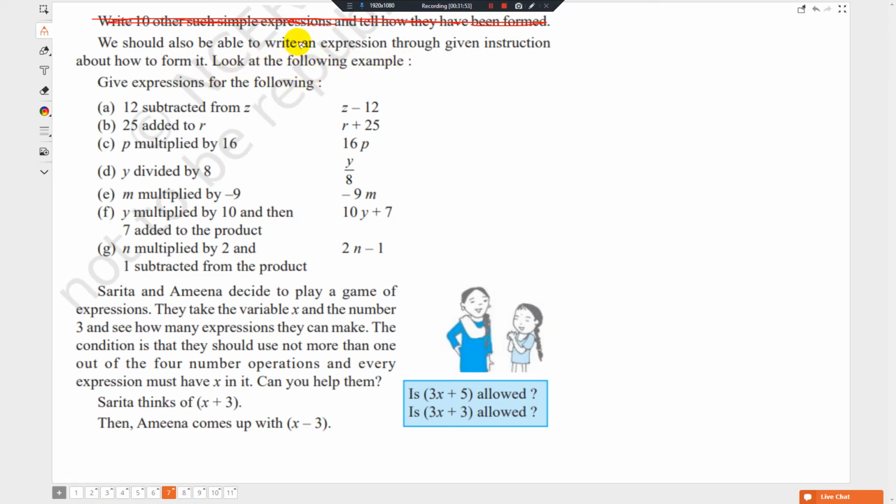Give expressions for the following. 12 subtracted from z: z minus 12. 25 added to r: r plus 25. p multiplied by 16: 16p. y divided by 8: y by 8. m multiplied by minus 9: minus 9m. y multiplied by 10, and then 7 added to the product: 10y plus 7. n multiplied by 2, and 1 subtracted from the product: 2n minus 1.